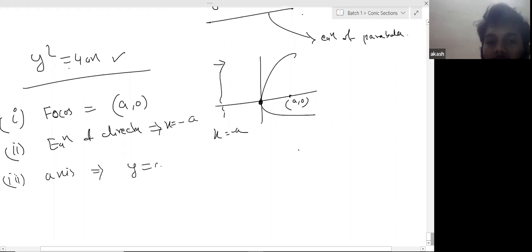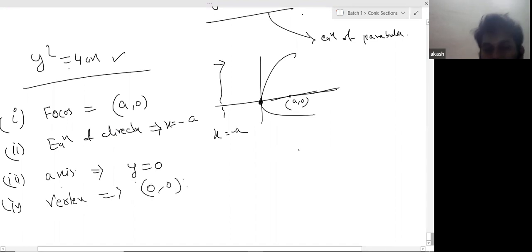That means y equals 0, and this is the axis of the parabola, not the y-axis, the x-axis. The equation is y equals 0, that means x-axis. Vertex is 0, 0. All right.